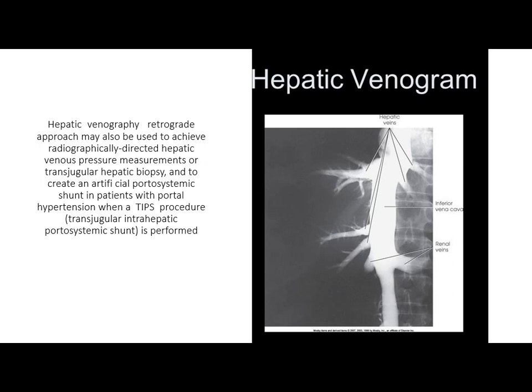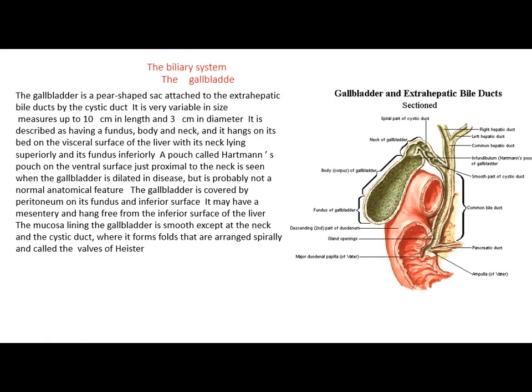So they have to inject very strongly just to see a little bit of contrast, maybe going for half a second into the liver. It's not like the arterial, which is very easy. The venous is much more difficult because you inject and the blood comes back to you. Imagine a hose with water coming out, and you want to push water in while it is open; the water comes back at you. It's very difficult, okay?